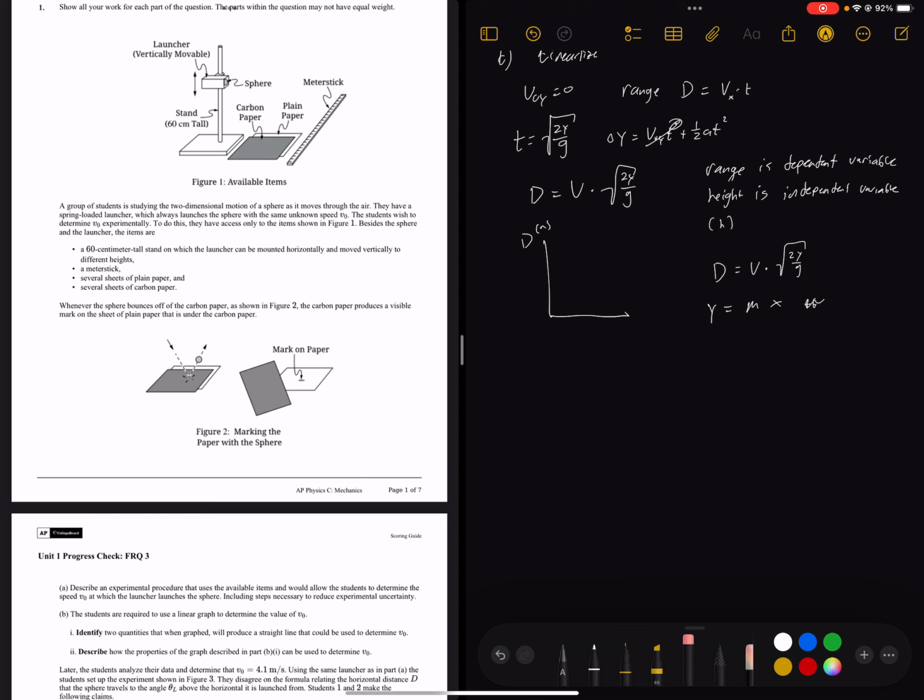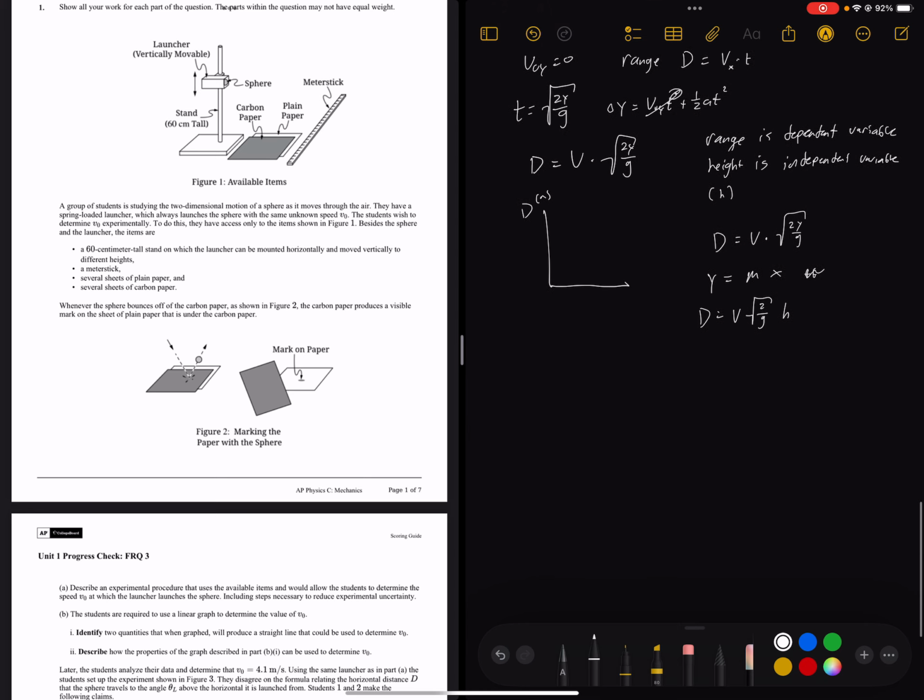The height is the only variable, so these physical constants, like the g here in the square root of 2y over g, need to go into the part that is dealing with slope. So let me explain. I'm going to rewrite this: d is equal to v times the square root of 2 over g times h.